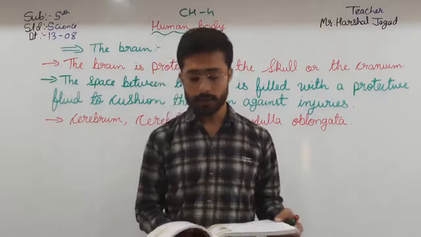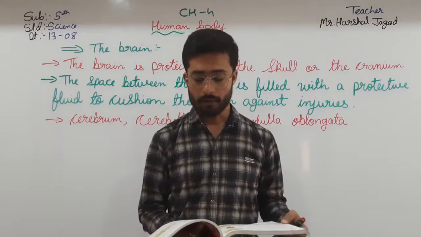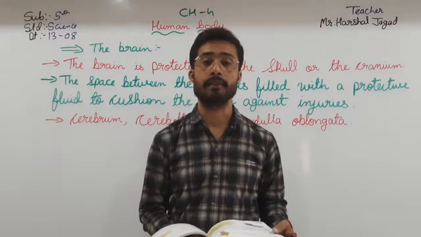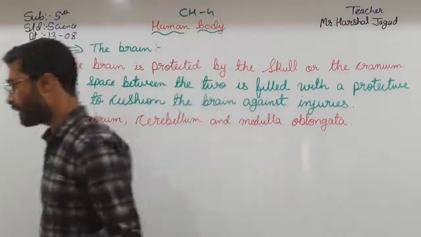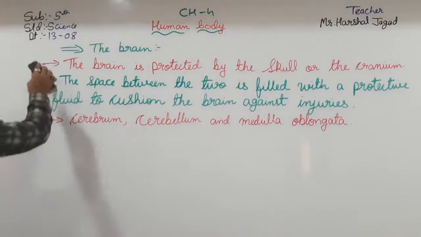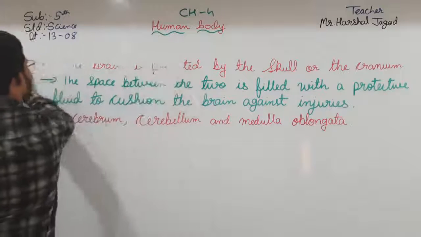It also controls reflex action. The automatic response of the body to an event is called a reflex action. So here I have just given an example of reflex action, but here we will see another one. So here we will talk about the spinal cord.